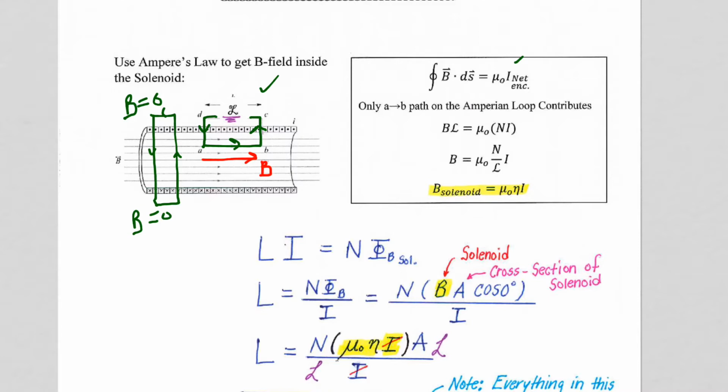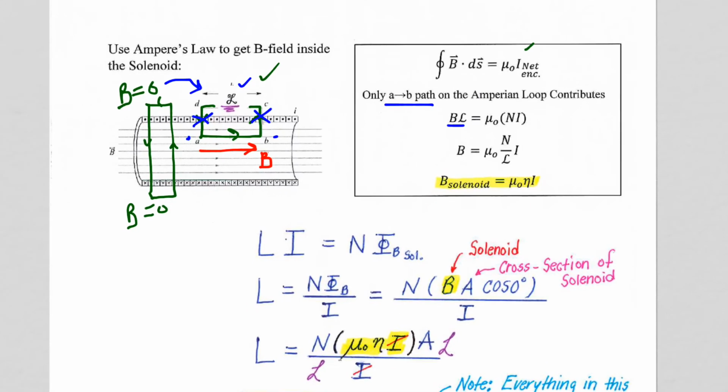The only part of the path that will contribute to our Amperian integral, B dot ds, is the part of the path from A to B. We get cosine of 0 degrees, which is 1, so we just get B times our script L. We lose the two side terms because you get cosine of 90 degrees with the B field, and as we said, B equals 0 outside the solenoid, so we lose C to D.